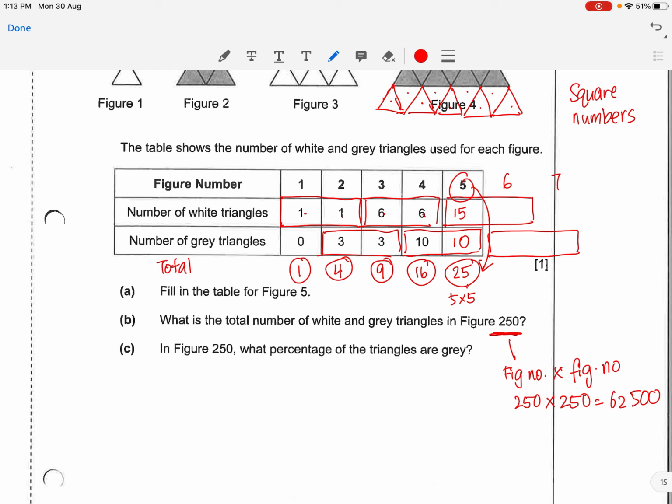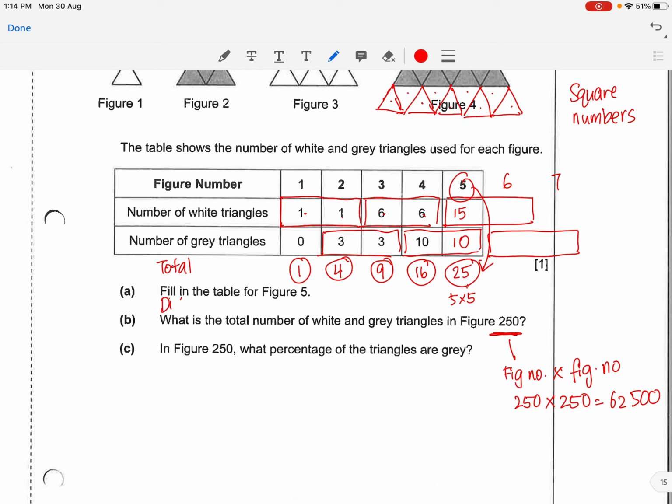In figure 250, what percentage of the triangles are grey? I want you to take a look at the difference between the white and the grey triangles. I'm going to have another column that says the difference.